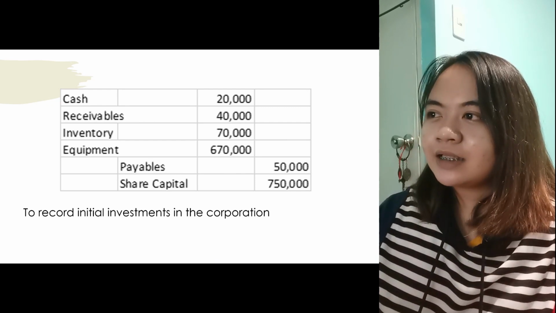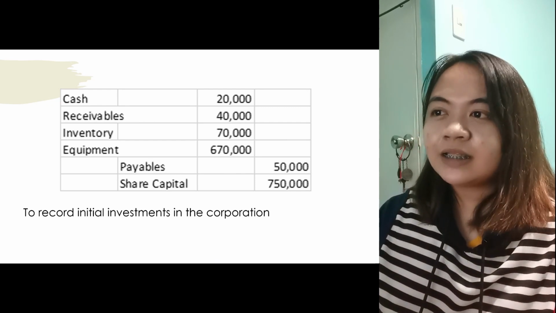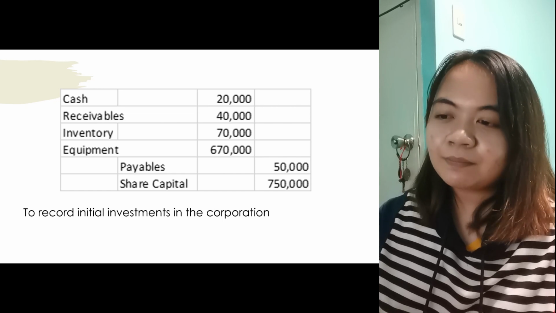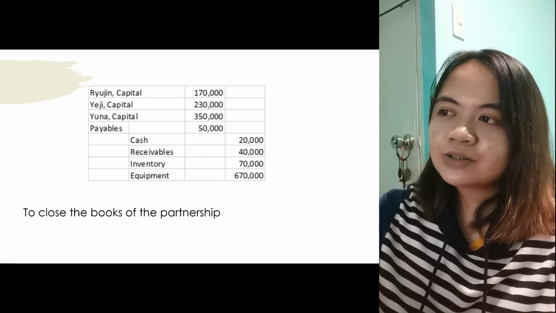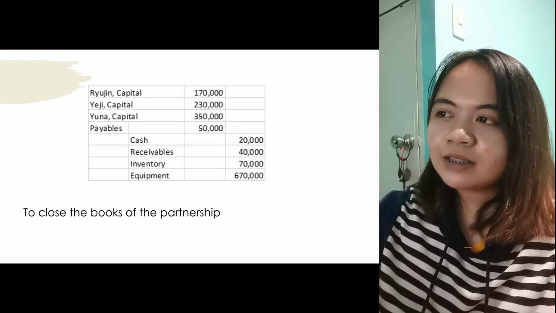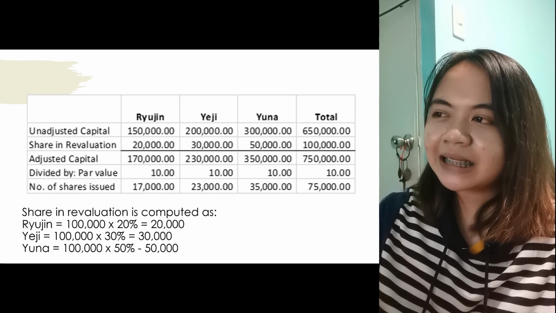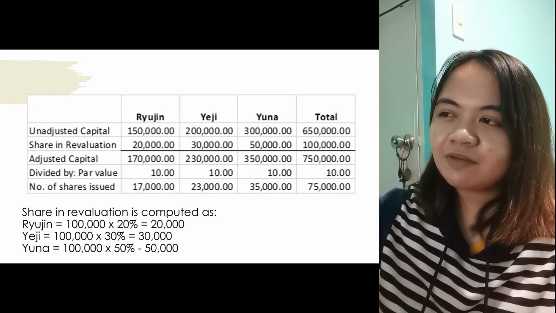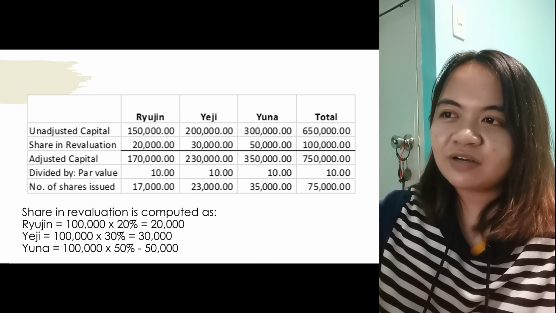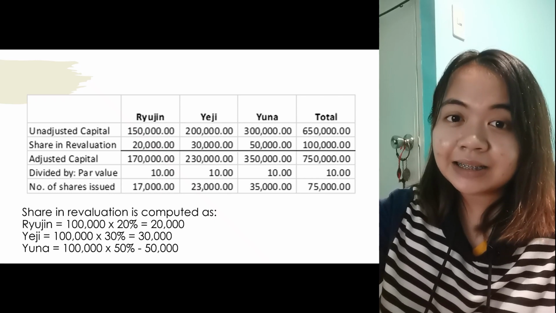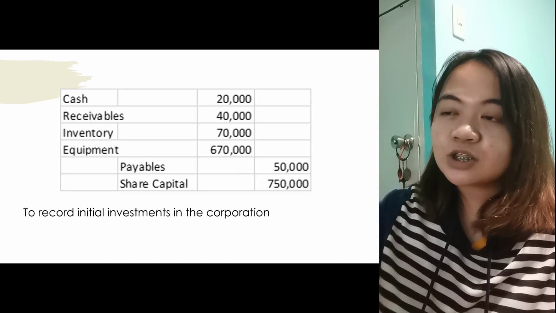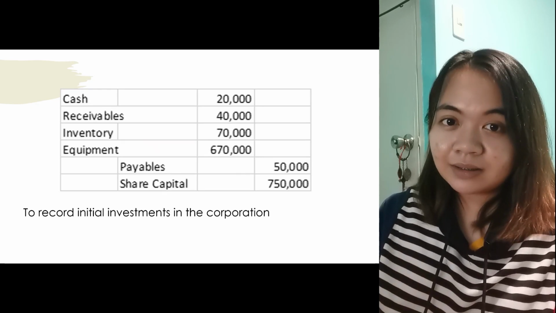Okay? Then, credit payables, 50. And then, the share capital of 750. Ma'am, how did we get the share capital? So, let's go back to the issuance of their shares. Okay, 17 plus 23 plus 35 is 75 times the par value of 10. That's the share capital, 750,000.